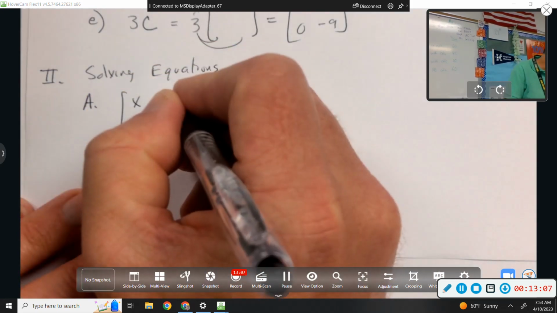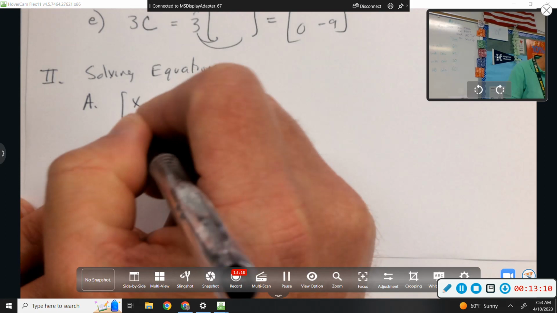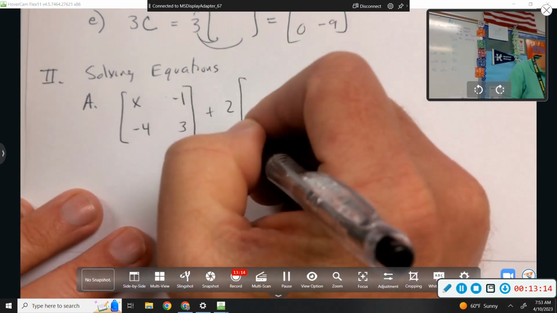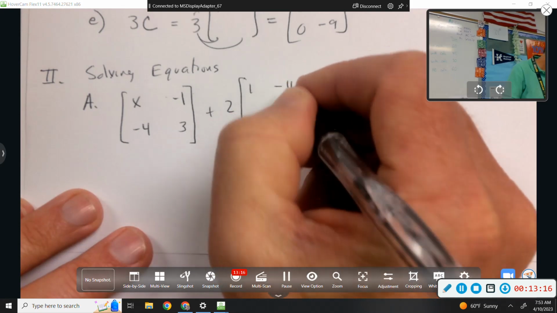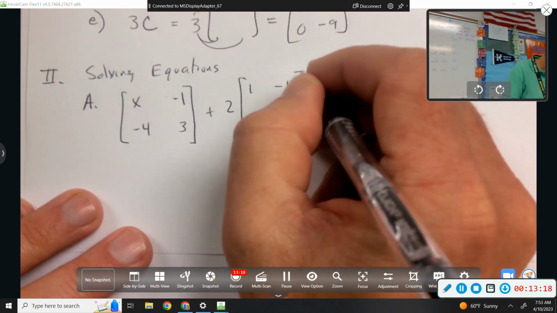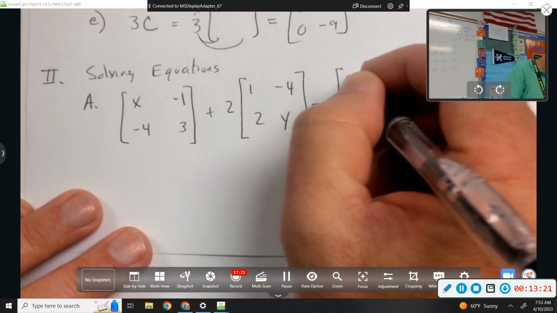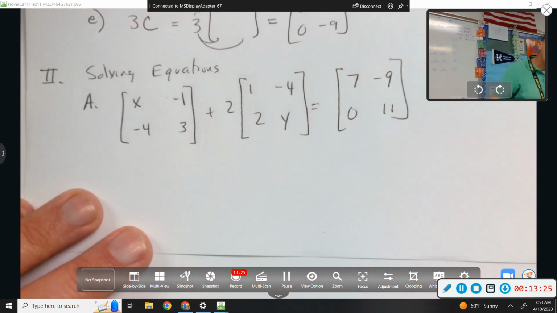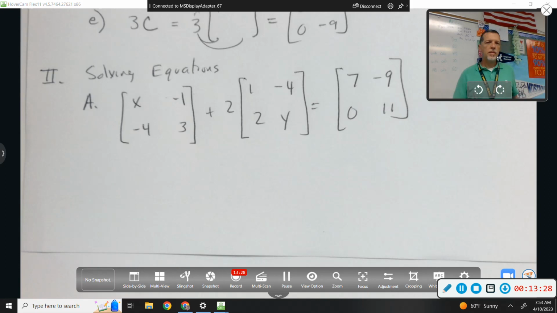So let's say we have this matrix equation. Copy that whole thing down. And then we'll solve for x and y.